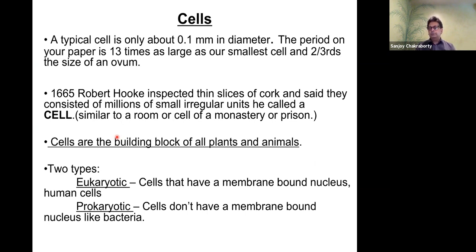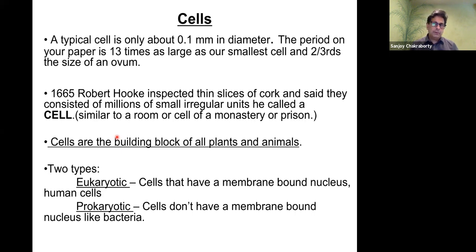Okay, so for animals and plants, for every living organism on earth, the fundamental structure is the cell, the fundamental unit of life. Remember in the first chapter we learned that atoms and molecules make the organelles. Organelles make a cell. So the cell is the fundamental unit of life.